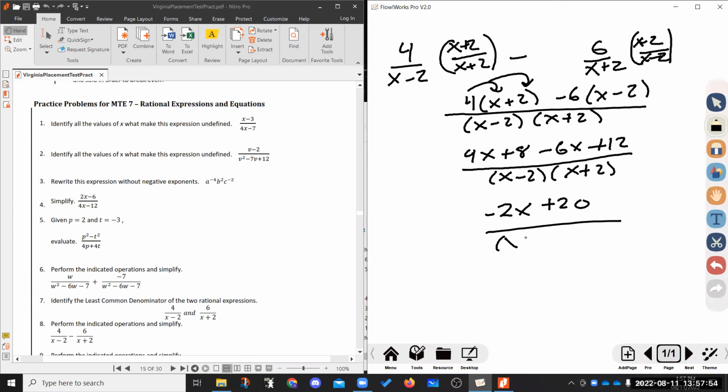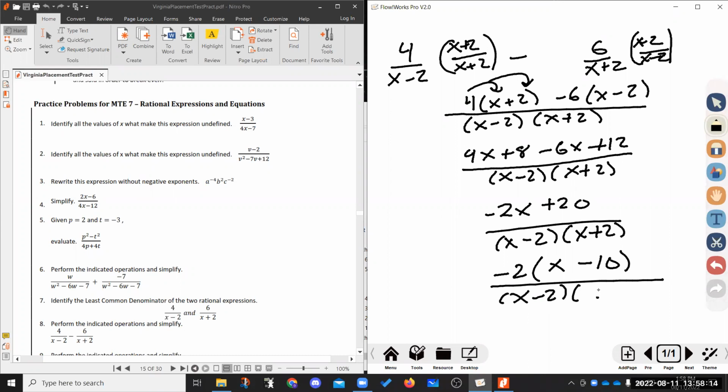I need to demonstrate to my teacher that I know that neither x plus 2 nor x minus 2 are factors of -2x plus 20. So I'm going to factor out the greatest common factor of -2. That leaves me with x minus 10 as a factor in the numerator. This is x minus 2 times x plus 2 in the denominator.